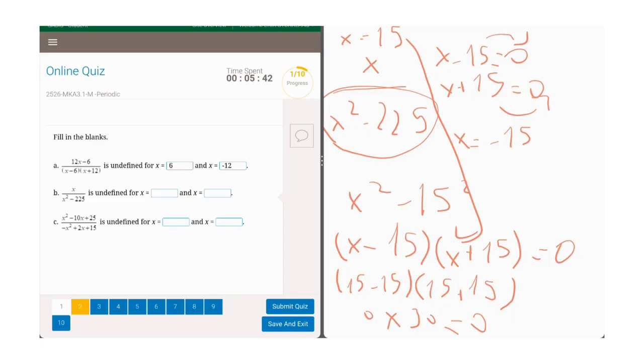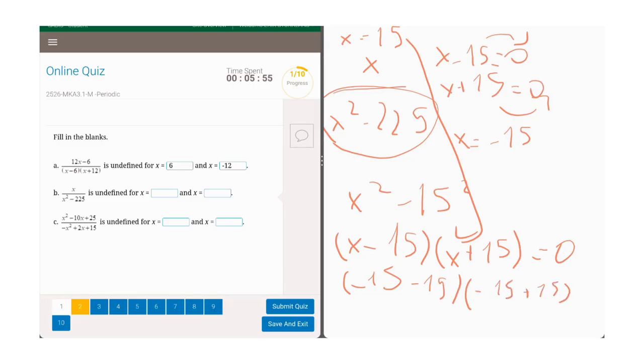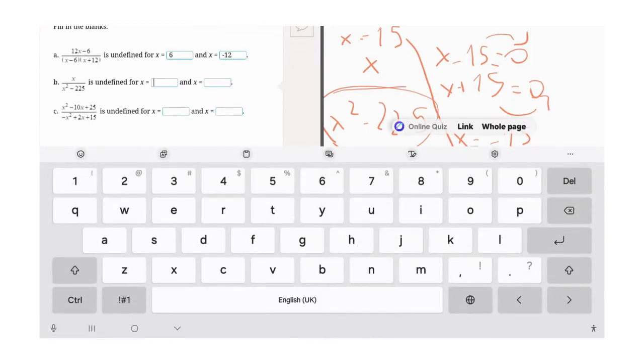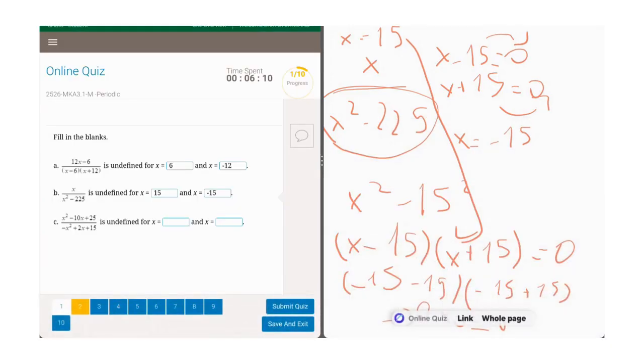If we do it with negative 15, we get negative 15 minus 15 multiplied by negative 15 plus 15. So we get negative 30 multiplied by 0. This will be equal to 0. So x over x squared minus 225 is undefined for x values of 15 and negative 15.